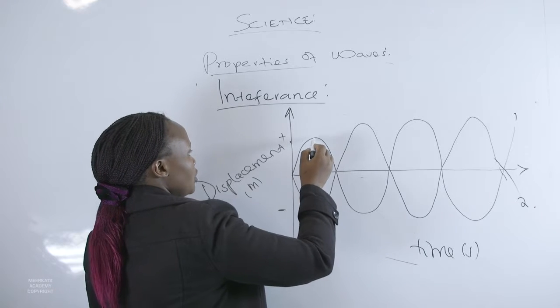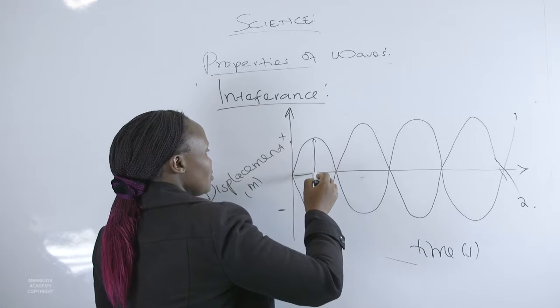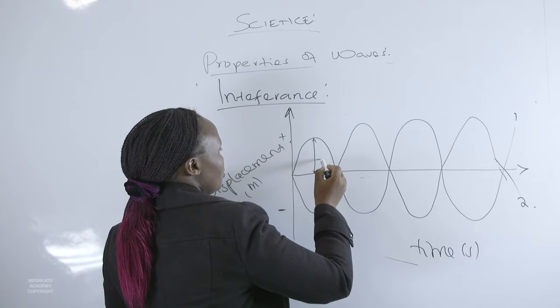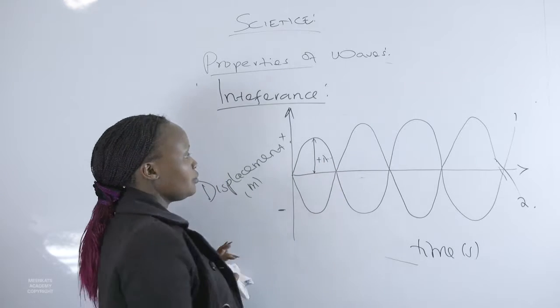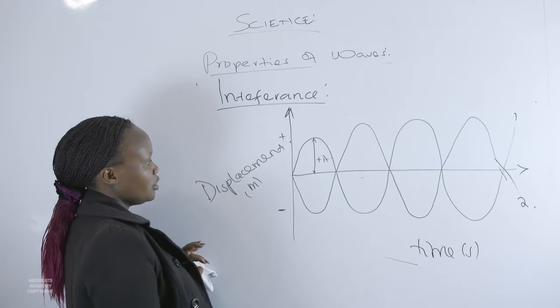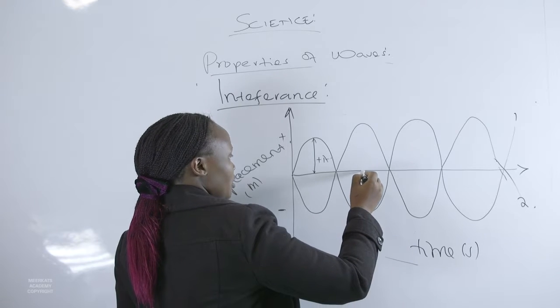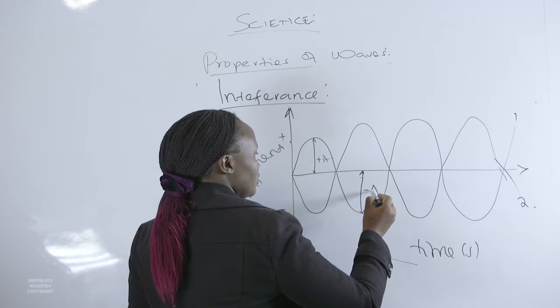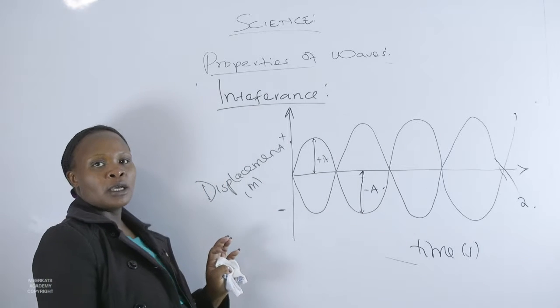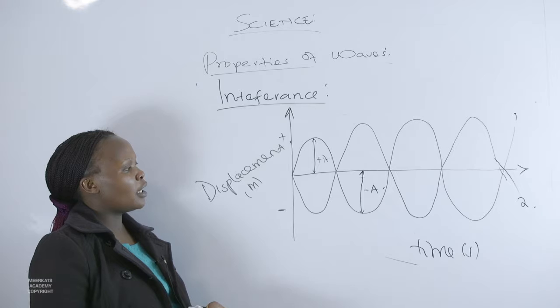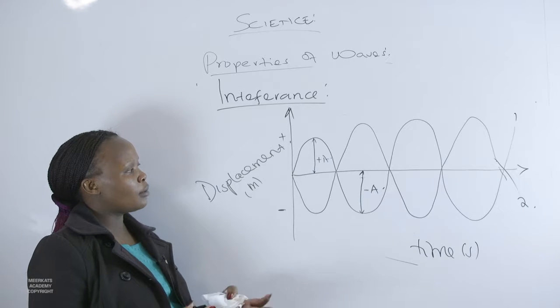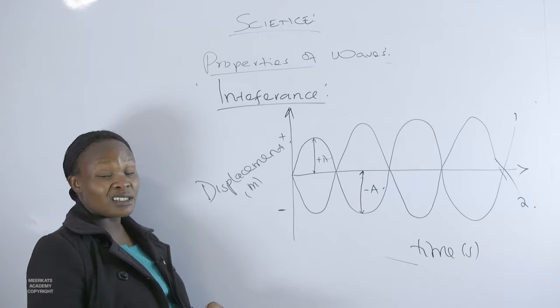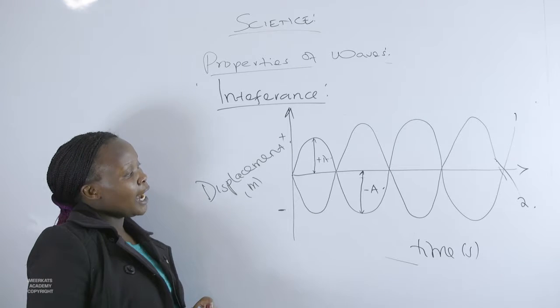Therefore, the amplitude of our first wave, let us call it positive A, while the amplitude of our second wave is going to be negative A. The frequency, the amplitude, the wavelength of these two waves is actually equal.